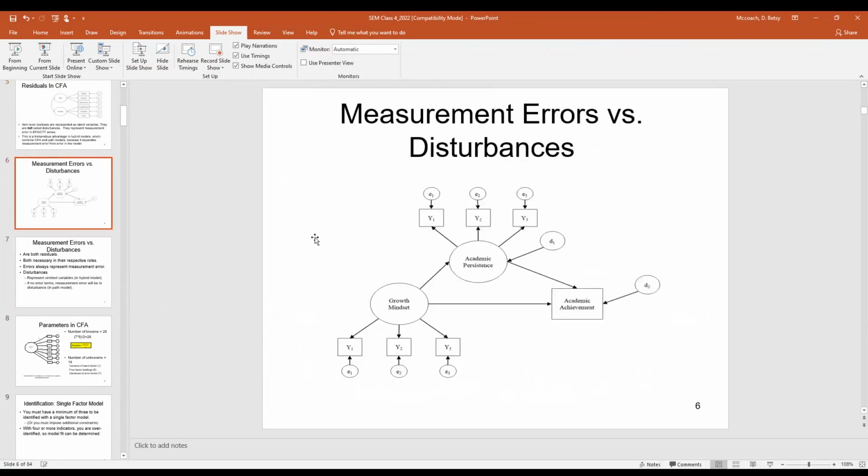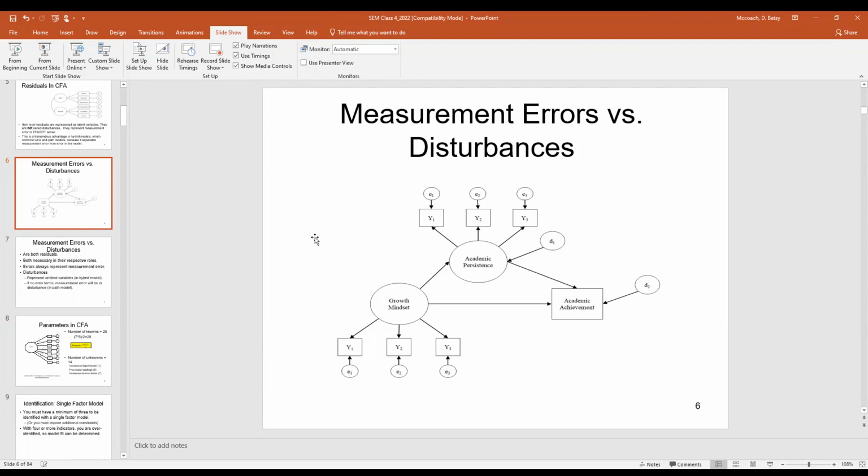So this is just a picture that shows the difference between measurement errors and disturbances. If you look at academic persistence, that mediator variable, notice that each of the variables that is an indicator of academic persistence has its own little measurement error. But then also notice academic persistence is an endogenous variable, and so it also has a disturbance.